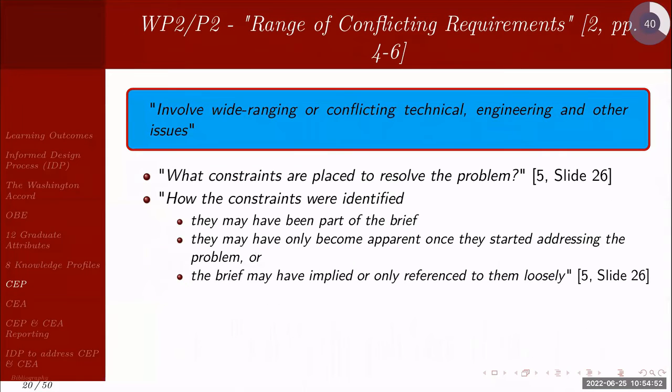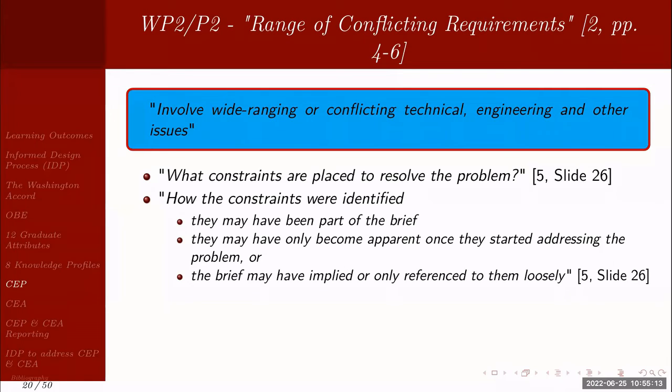P2 is that it should involve wide-ranging or conflicting technical, engineering, and other issues. There might be different issues in your design problem: technical issues, engineering issues, or other issues such as ethical issues.